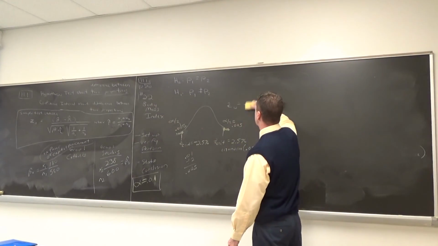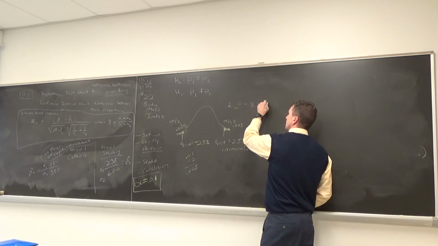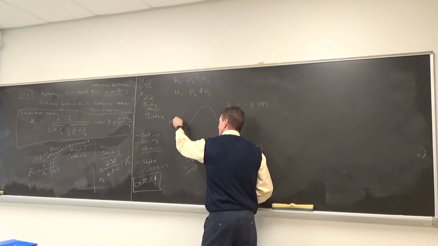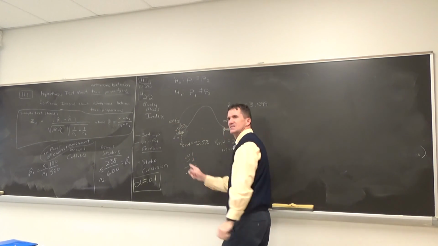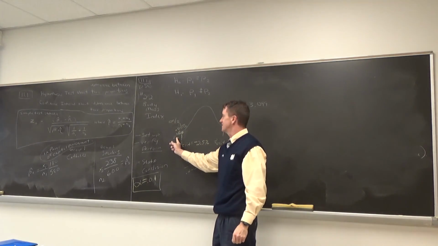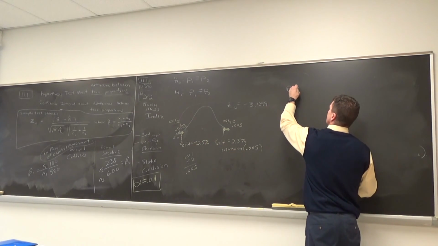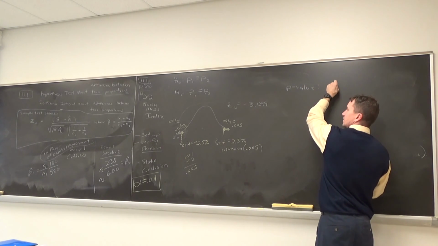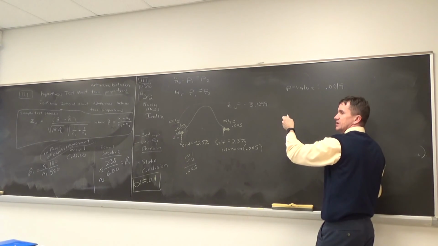What's that sample test statistic? Negative 3.09? Where would that be? Right there? Does everyone agree it's right there? So it's in the region. What's our p-value? 0.0019, or 0.002?